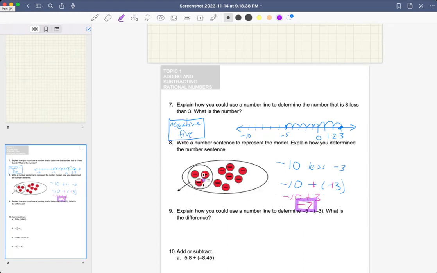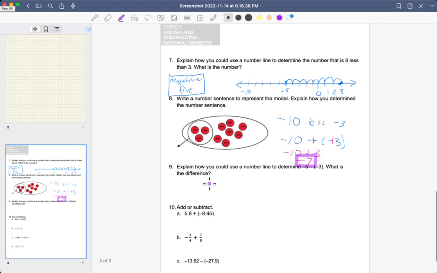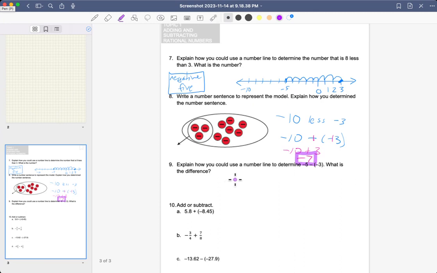All right. Number 9. Explain how you could use a number line to determine -5 minus -3. And what is the difference? Okay. My number line. 2, 3, 4, 5, 7, 8, 9, 10.